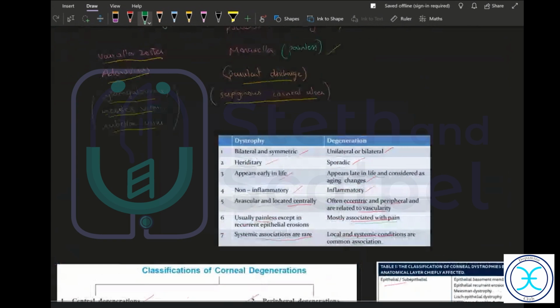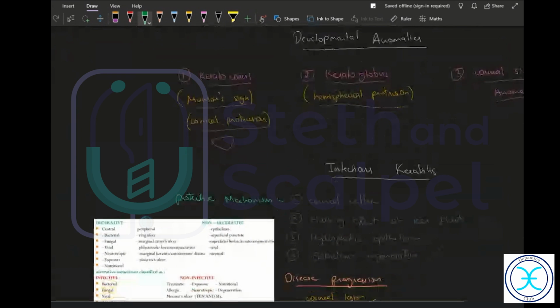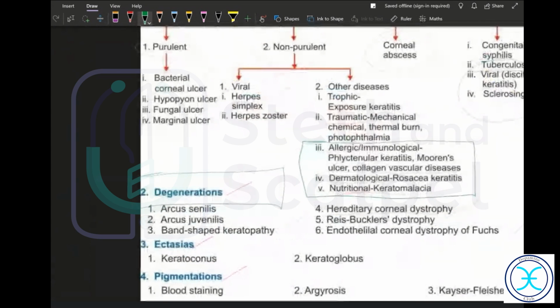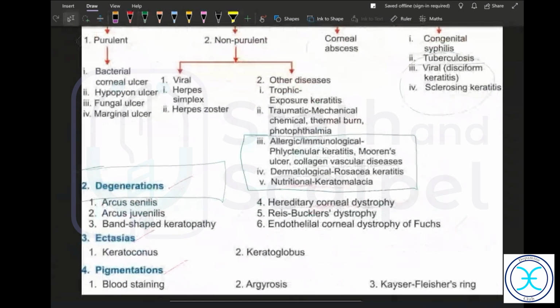There are many named degenerations, all given in this list: arcus senilis, arcus juvenalis, band shaped keratopathy. Dystrophies include hereditary corneal dystrophy, Reis-Bucklers dystrophy, and endothelial corneal dystrophy of Fuchs. Note down these terms and find out more about them. They won't ask you about this in the exam, only in the viva.